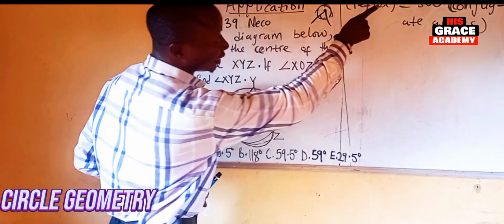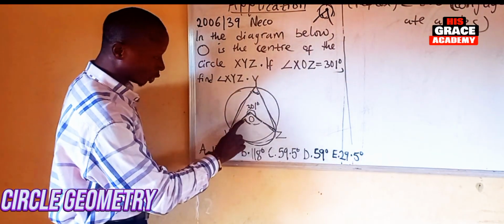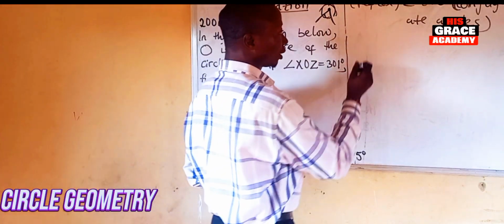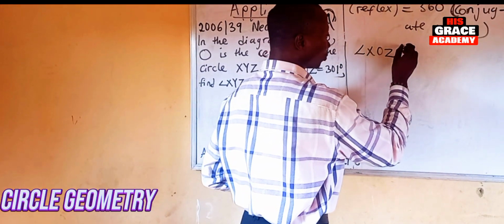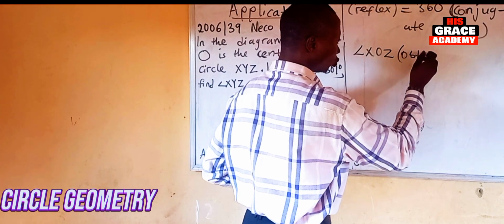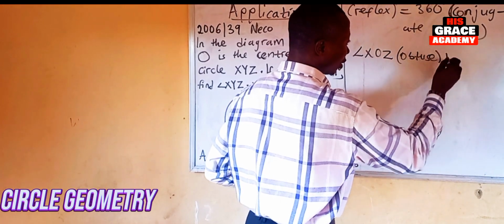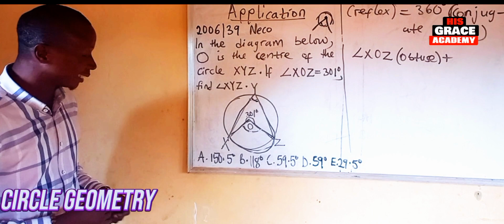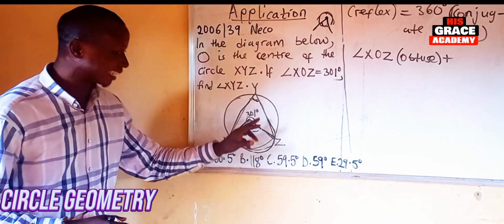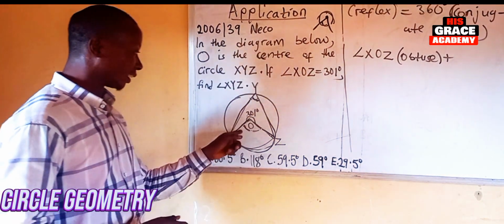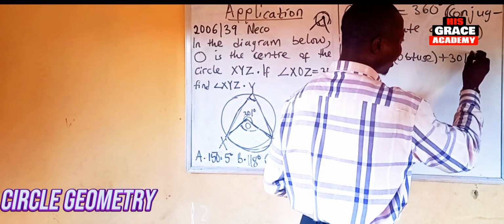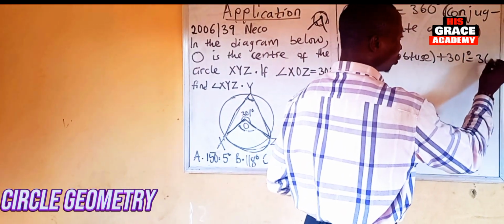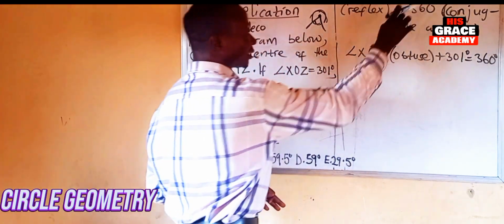So let's substitute now. Angle SOZ, the obtuse, is not given; we don't know the value yet. Plus angle SOZ, the reflex, which is given as 301 degrees, adds up to 360 degrees.